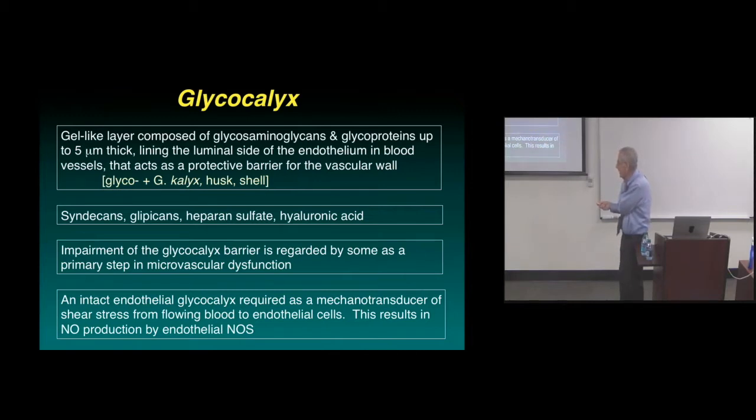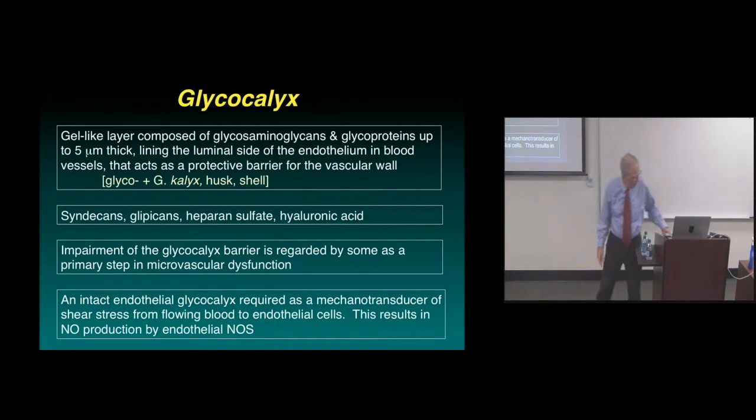And in addition to being a slick barrier, certain proteins slip in there, and it acts as a reservoir for certain proteins like cytokines and others. And it does act as a mechanotransducer for shear stress regarding the flowing blood on the endothelial cells.